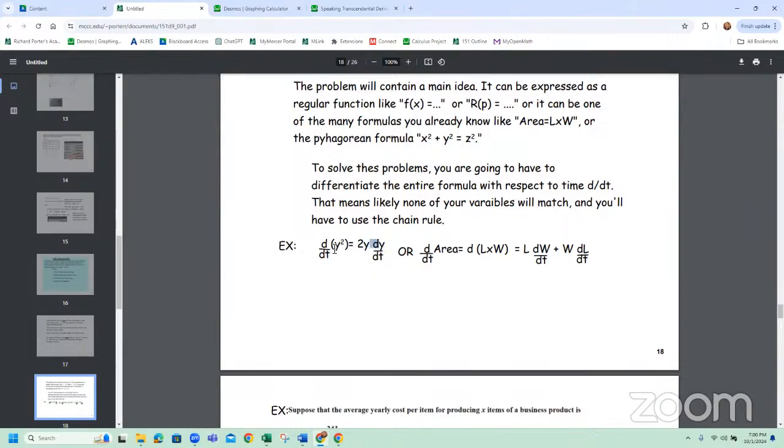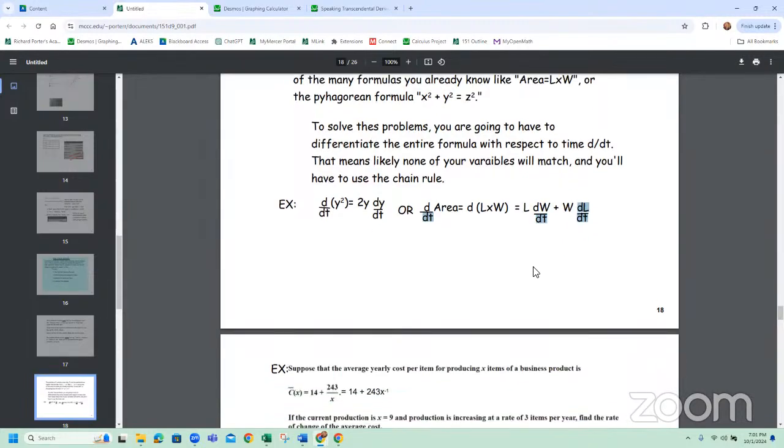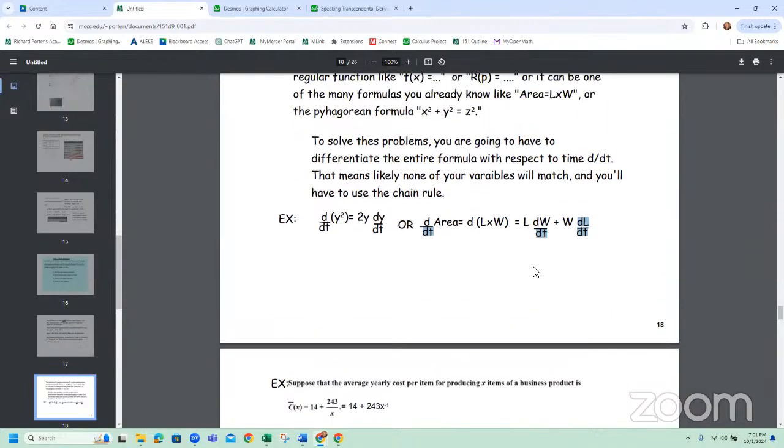So the derivative of y squared is 2y dy/dt. If you take the derivative of length times width, it'll be a product rule: the first times the derivative of the second plus the second times the derivative of the first. dw/dt and dl/dt are both rates of time.